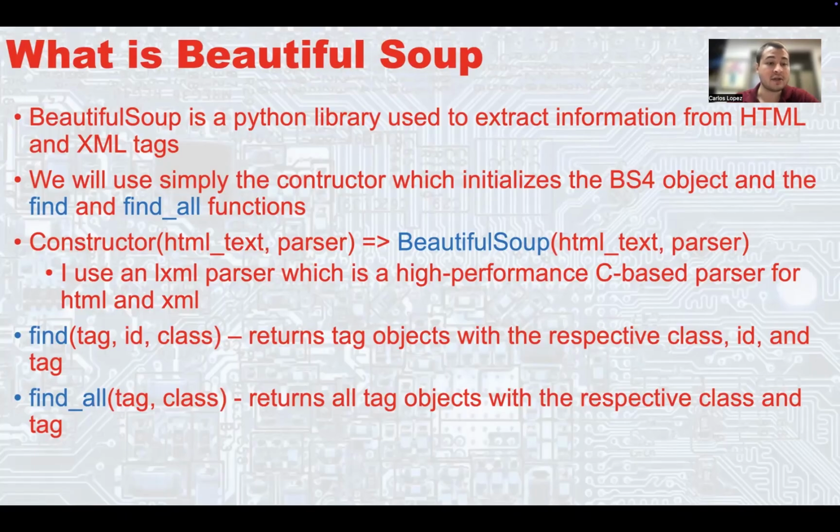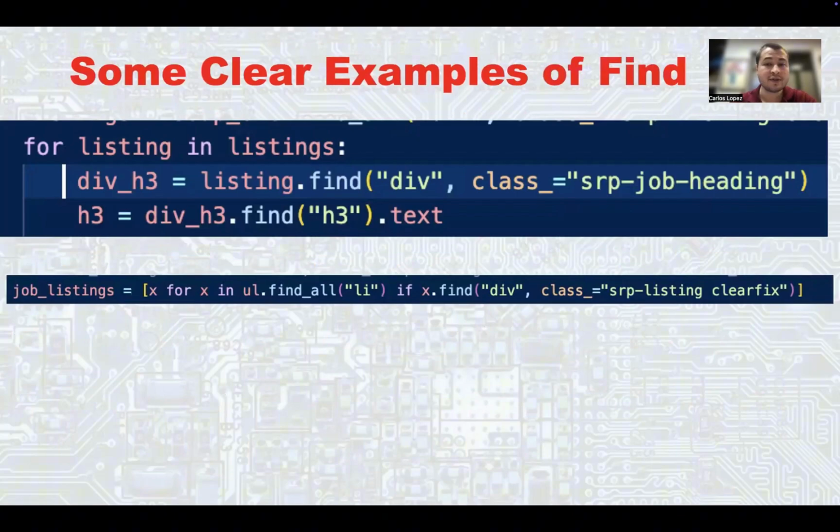The find function will work with the tag, ID and class, and returns tag objects with the respective class and tag, and the find all function returns all tag objects with the respective class and tag. You can see some examples here. For instance, I find a div object with a class of SRP job heading.